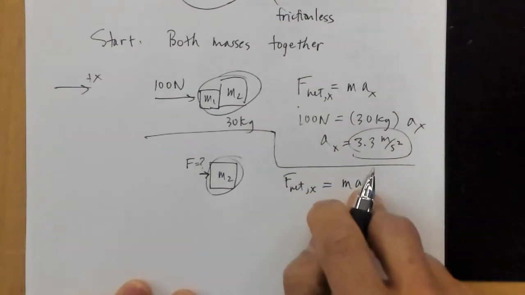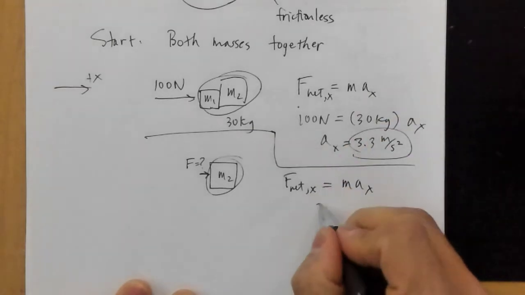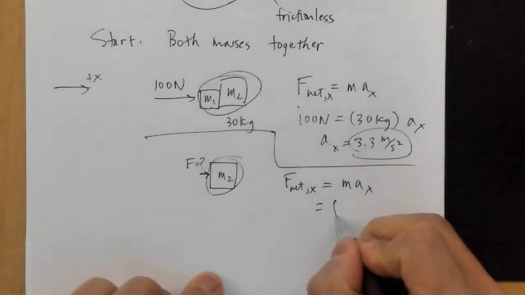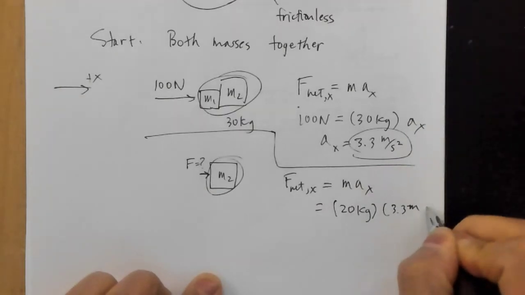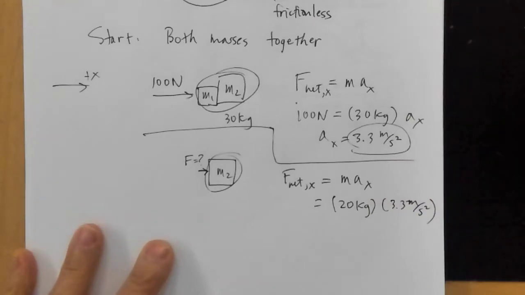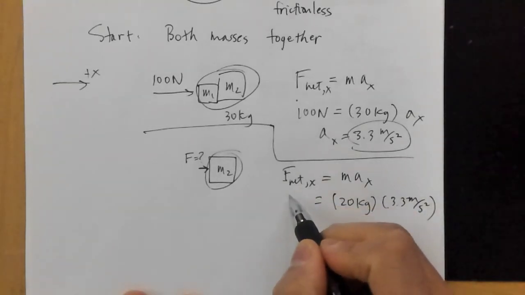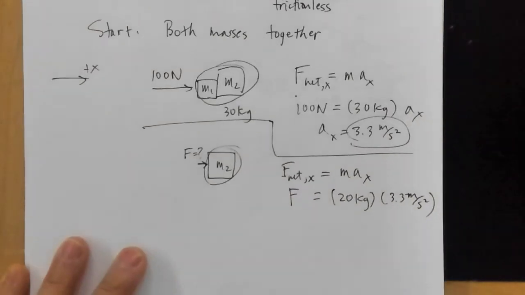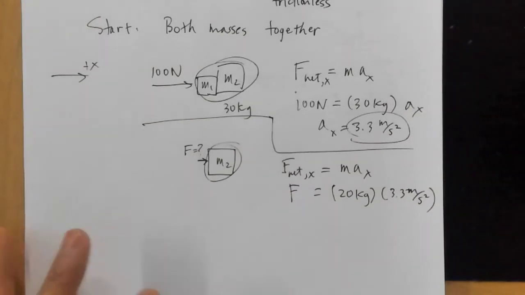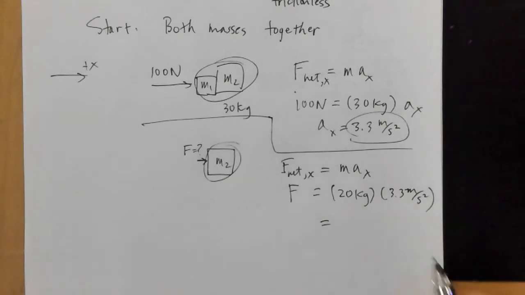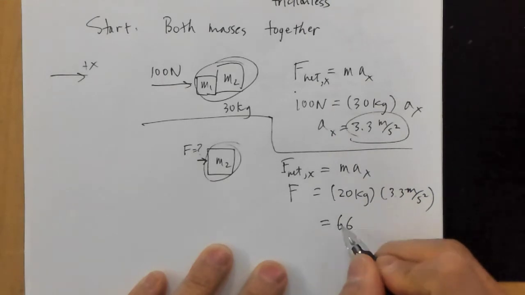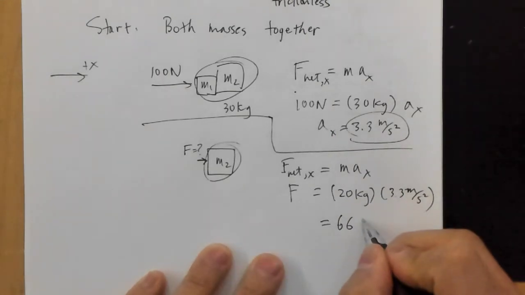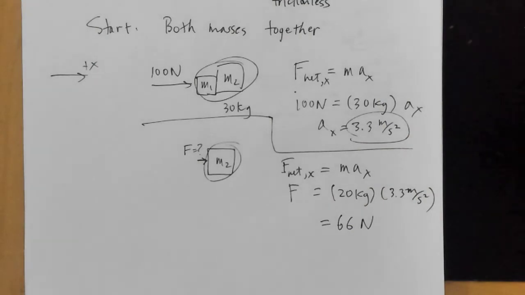But this time the mass is not the sum of the two. It's just the mass of M2, which is 20 kilograms. And we said the acceleration is 3.3 meters per second squared. And this F is the thing we're solving for. Everybody's looking at this? All right, and so you multiply them together, and we end up getting 66, or 60, well, depends how you want to round this thing. Okay, 66 newtons. Any questions about that?